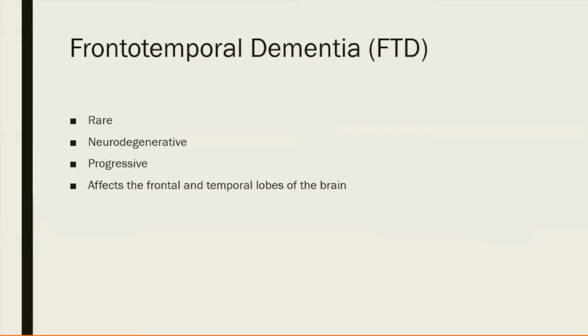And obviously, FTD affects the frontal and temporal lobes of the brain. FTD used to commonly be called Pick's disease, which now is its own separate disorder that we're going to talk about. But you might hear it called Pick's disease sometimes colloquially too, or you'll hear frontotemporal disorders or frontotemporal degeneration.